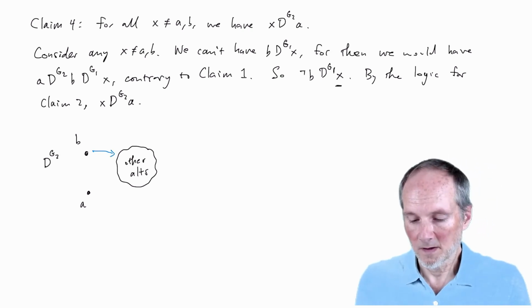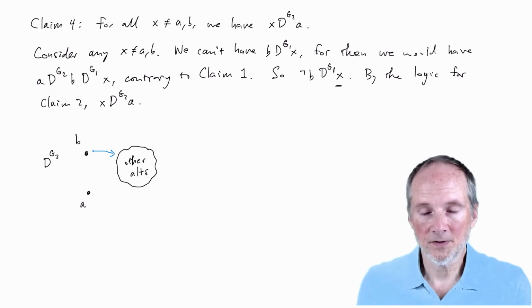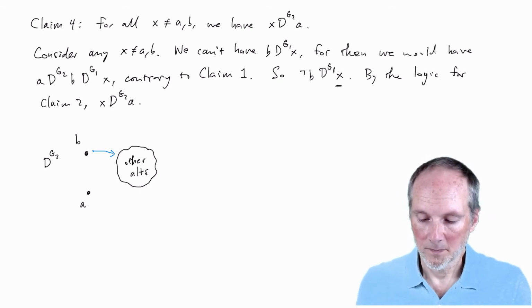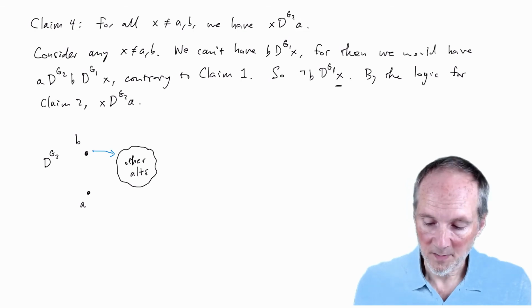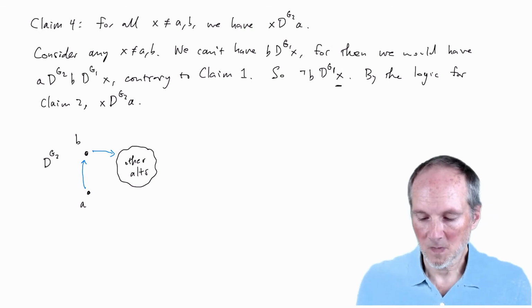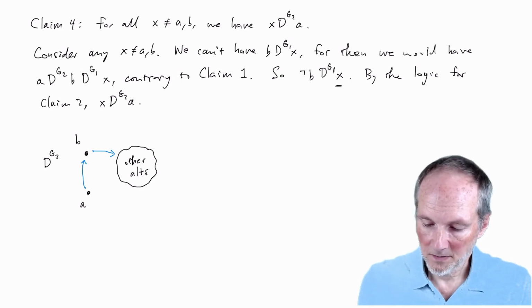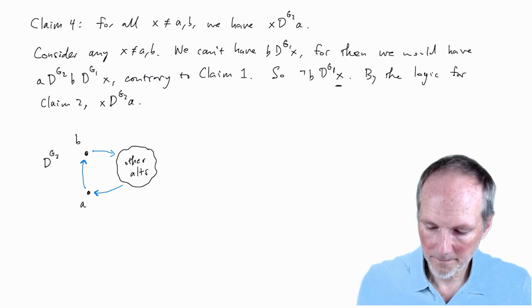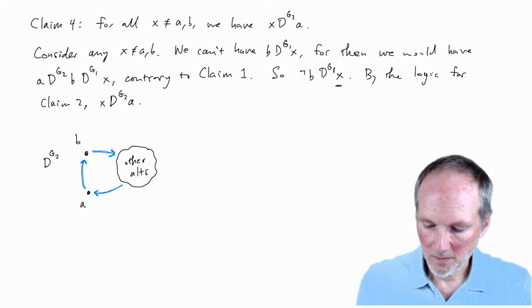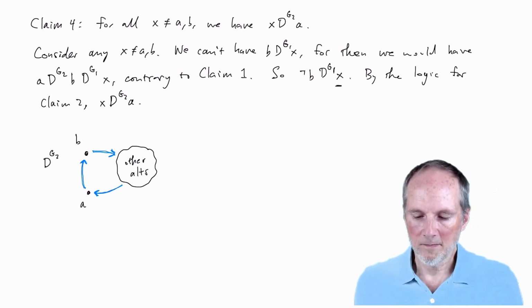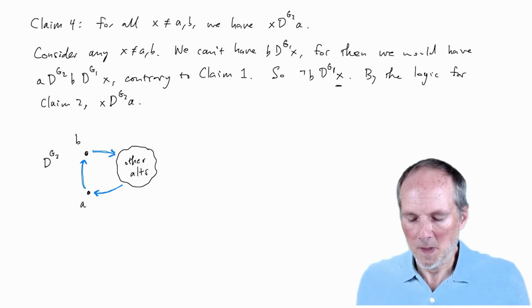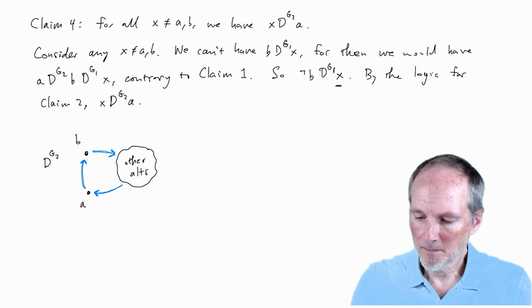So there's an arc going from B to all these other alternatives. Claim 3 showed that G2 is decisive for A over B. And claim 4 shows that G2 is decisive for all these other alternatives over A. So G2 actually is a group that has a lot of power.